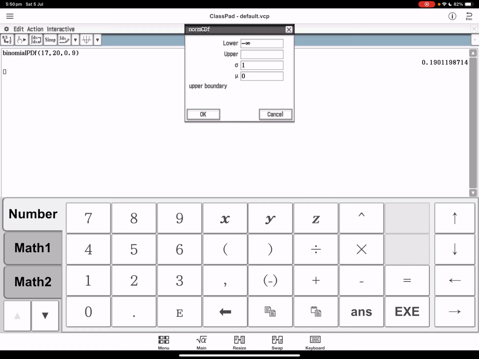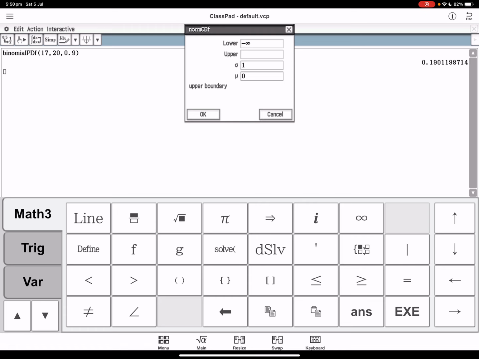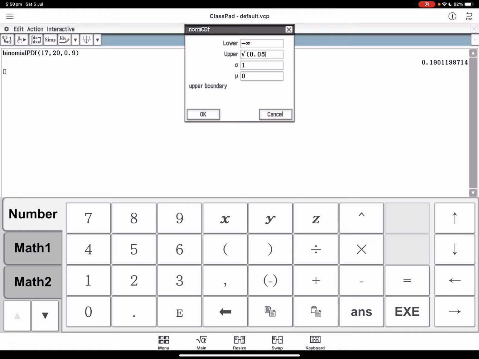Upper boundary is 0.04, and the standard deviation is root of 0.05 times 0.95 divided by 200.